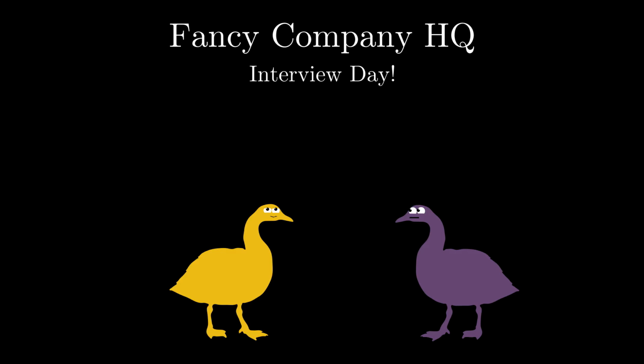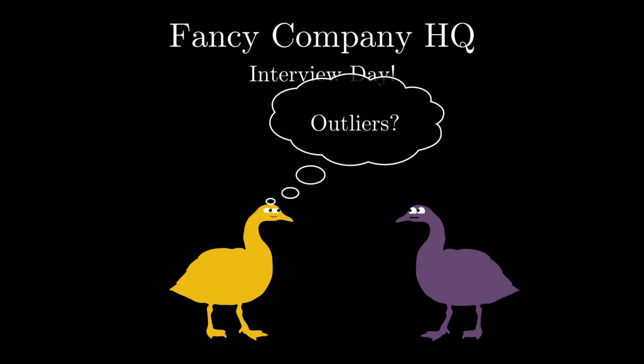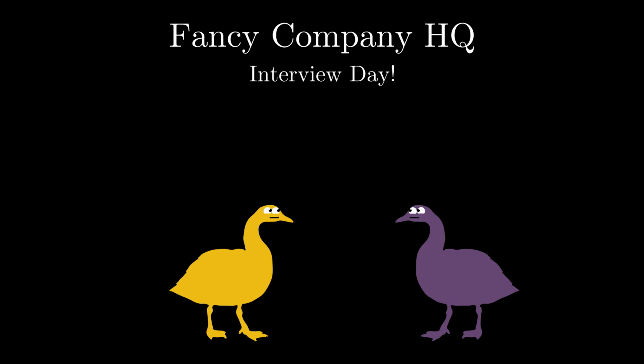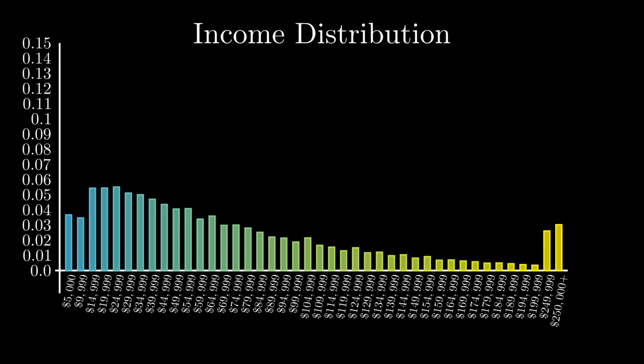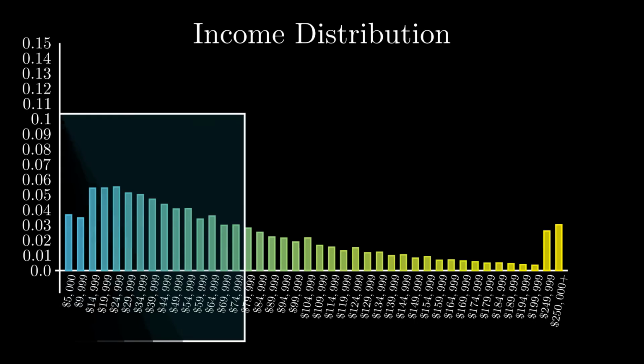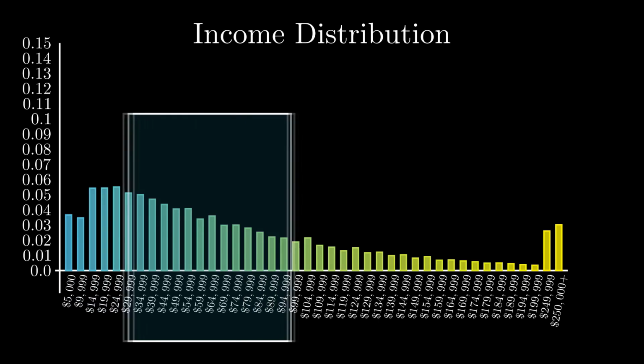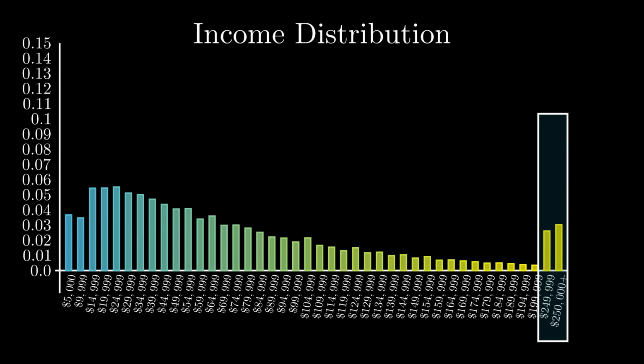Now, the answer that they're looking for revolves around the fact that the median is more robust to extreme outliers than the mean is. Consider, for example, the distribution of incomes. Most people earn incomes that fall in a range of, say, $0 to $75,000. However, there are a few individuals who earn a lot more than this, say $250,000 plus.